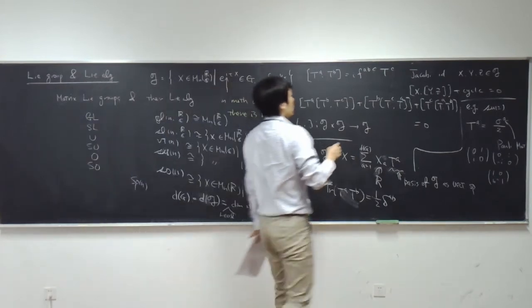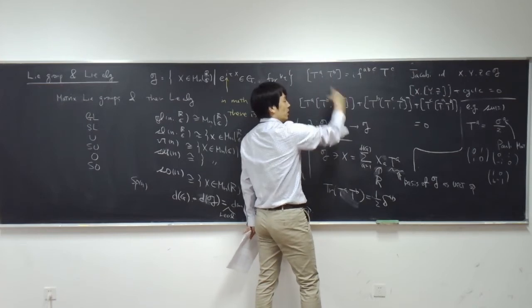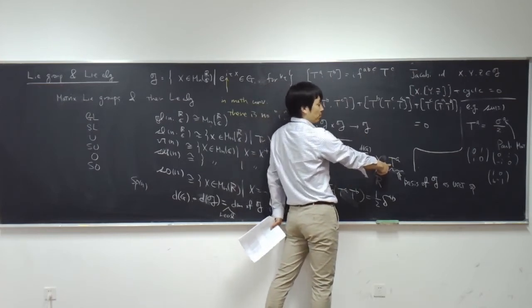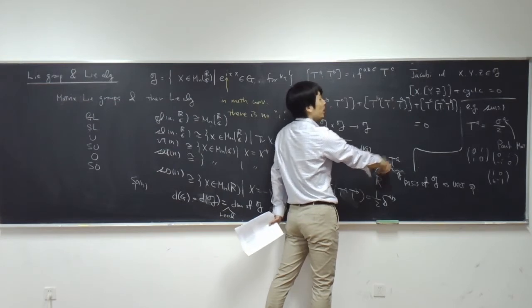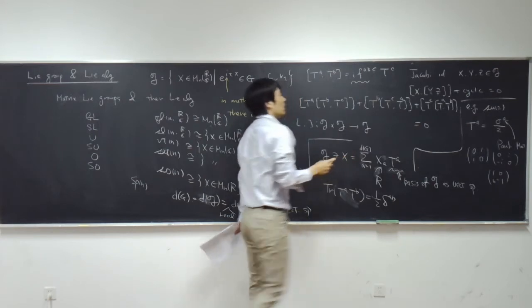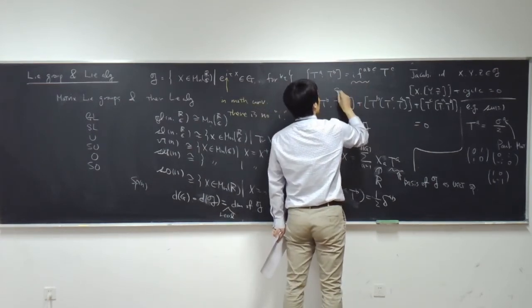In particular, even if you take the commutator, it is an element of G. Therefore it can be written as some linear combination of T^c. And here the coefficient is called the structure constant.